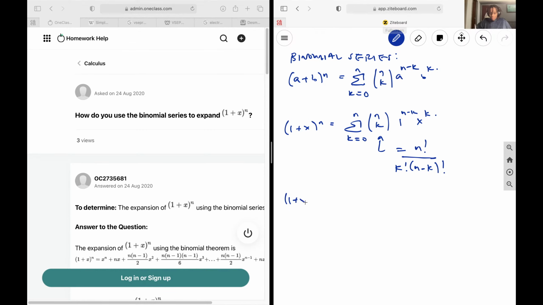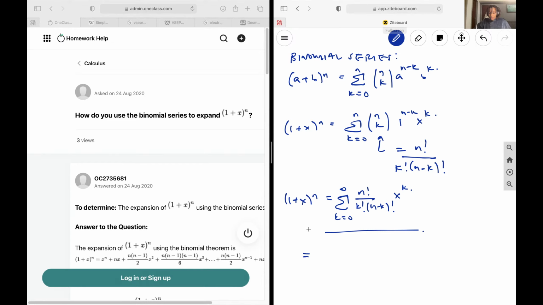And so let's go about doing that. n factorial over k factorial, n minus k factorial multiplied by x to the power of k. And this is going to be your final answer.